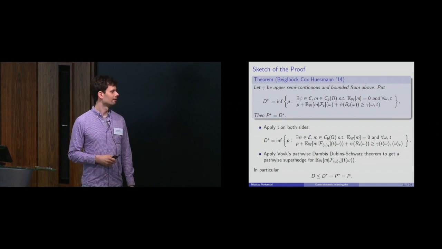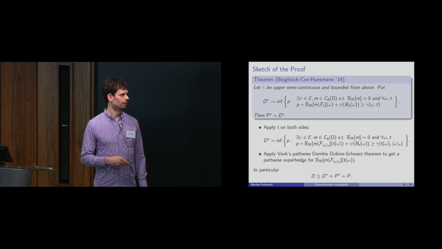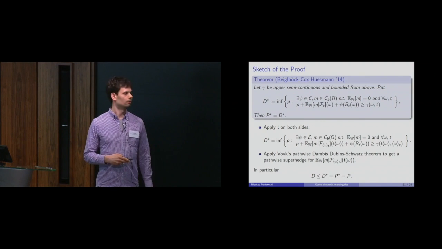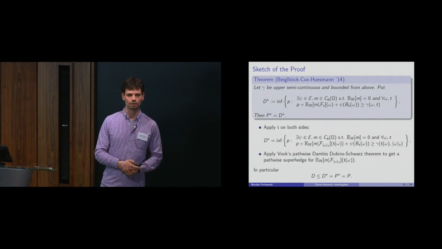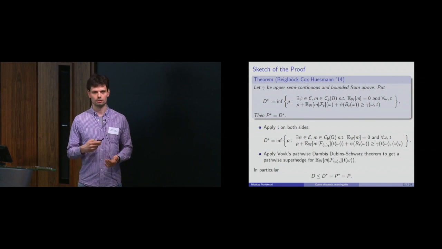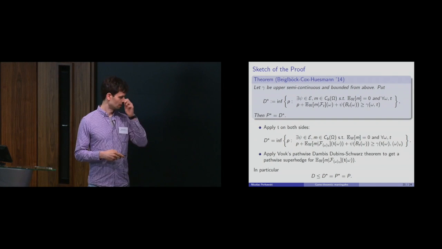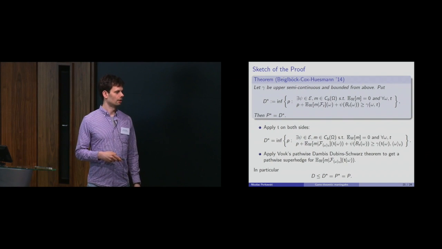But now, actually all we need to do is, so this looks tricky, but by a relatively simple argument we can apply Vovk's pathwise Dambis-Dubins-Schwarz theorem, to find a sequence of strategies that give a pathwise superhedge for this martingale.